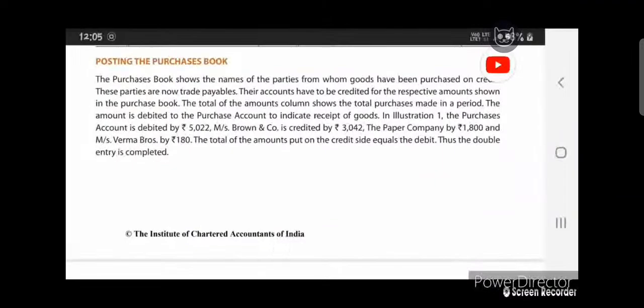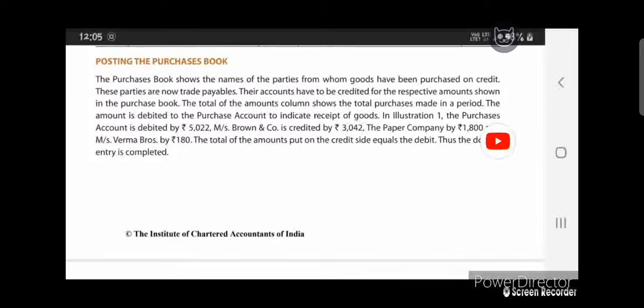Next is posting the purchase book. The purchase book shows the names of the parties from whom goods have been purchased on credit. So the purchase book that you write in accounting tells you the name of the person or company from whom the goods have been purchased on credit.